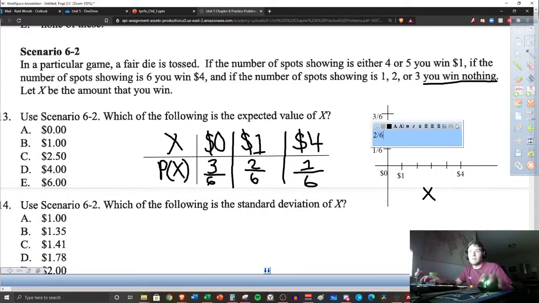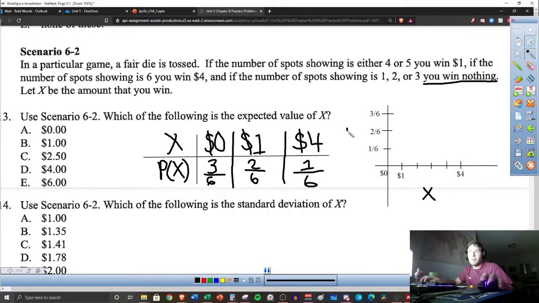Sorry, I should have written those in order, but it's fine. So there's our different values. Now what we're going to do is make a histogram. Also, I need to label this side. This is probability of that event. So we're going to make a histogram. So the first value, getting $0, that will be 3 out of 6. All right, next we have getting $1. We're going to draw this histogram.